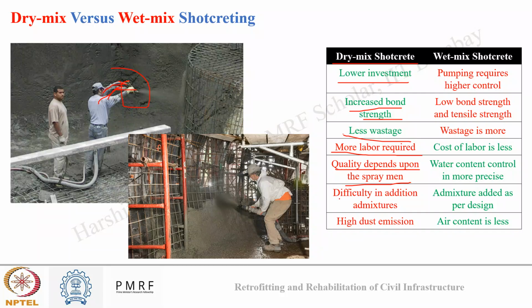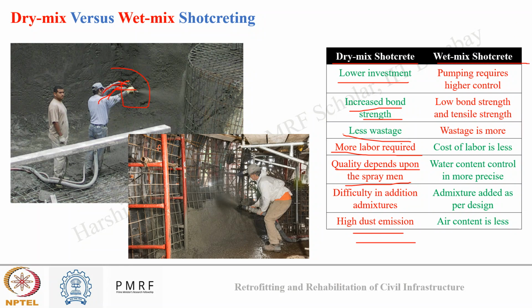Okay, now here if I want to add some admixture like set accelerating or set retarding admixture, it is difficult here because one person is controlling everything. Okay, and since my dry material is sprayed here along with the injection of water, there can be dust emission also near the pipe, which can be an issue to the person who is spraying.